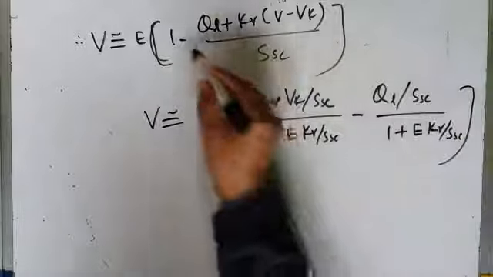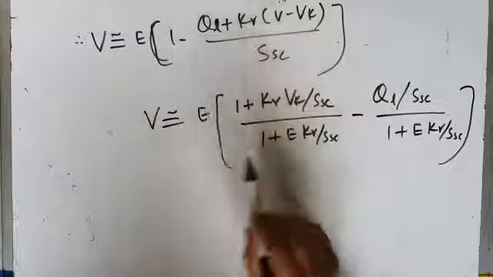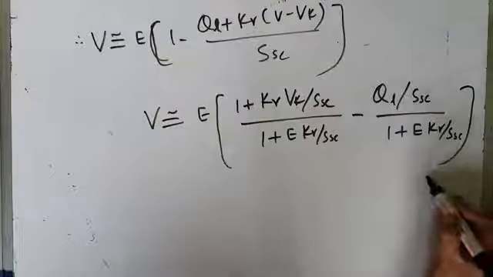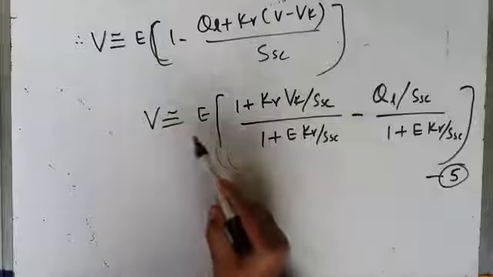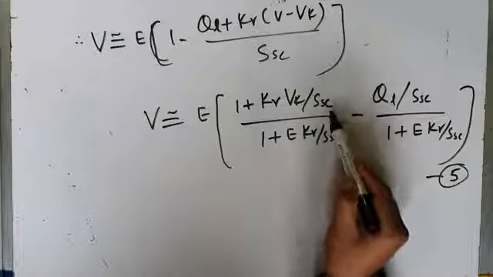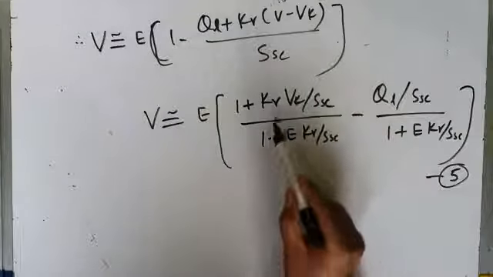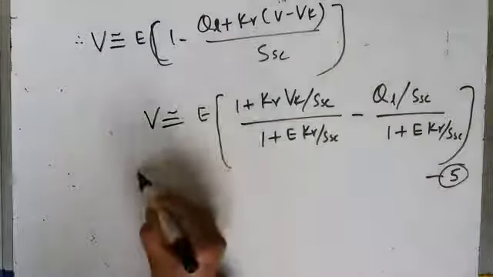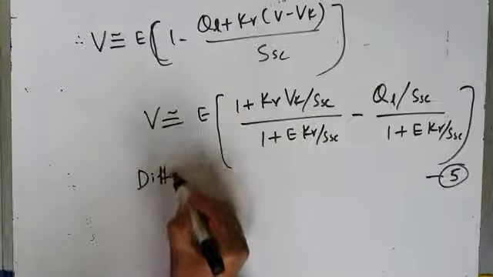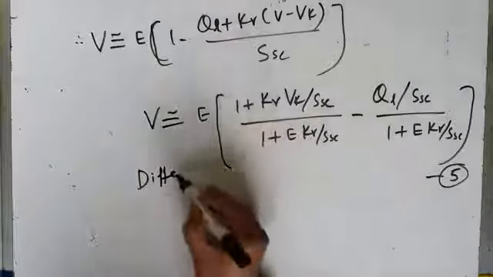If you solve this equation and simplify it, it becomes like this. Let us call this equation 5. So this equation tells us the bus voltage in terms of short circuit power and in terms of compensator gain K gamma. Okay, let us differentiate this equation with respect to QL.